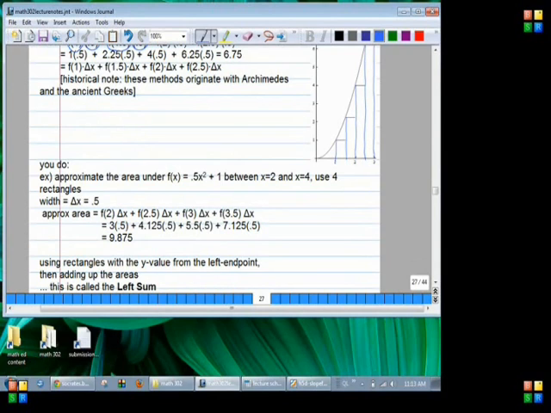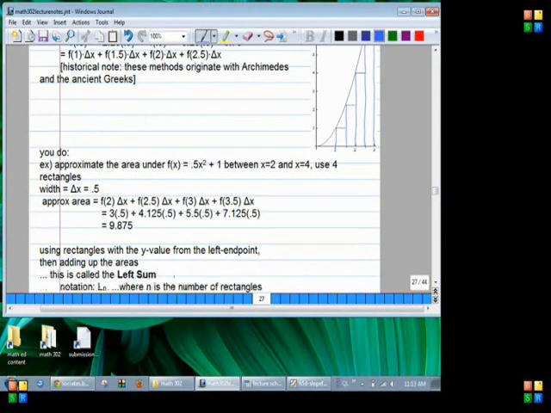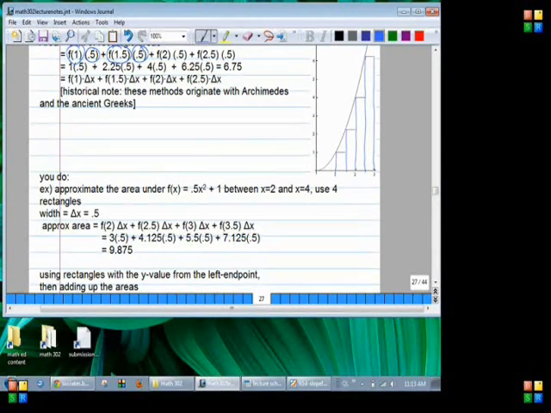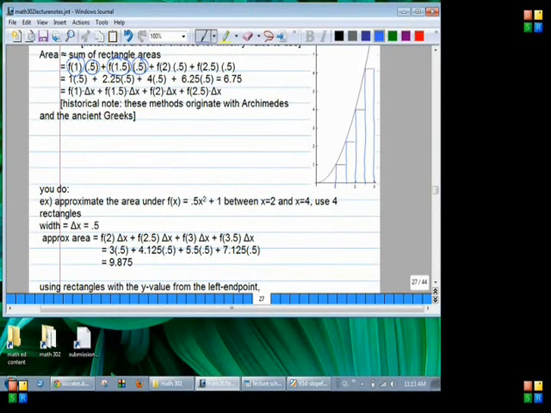So this is called the left sum. The notation is big L, little n, sub n. L because we're using left endpoints, and n is the number of rectangles. So for example, what we just calculated for that function was L4.